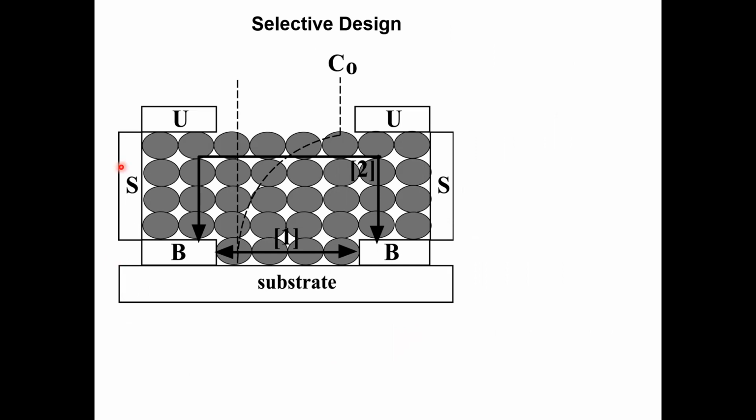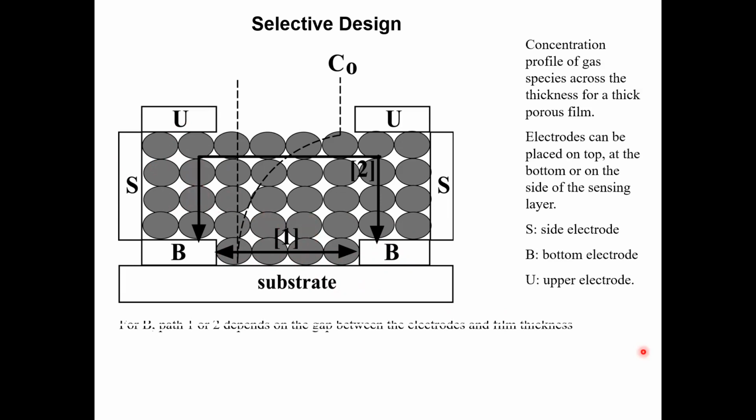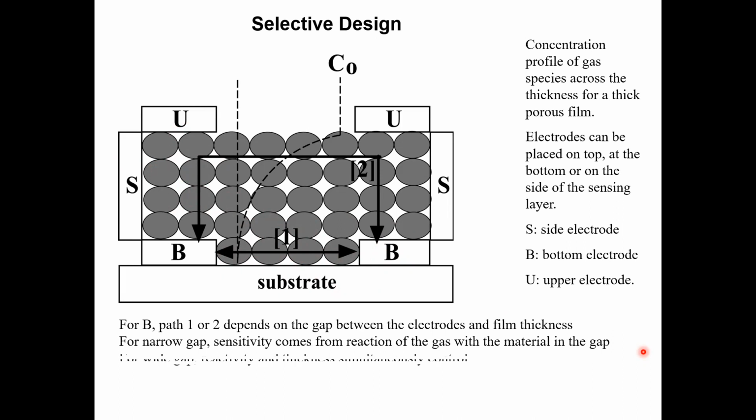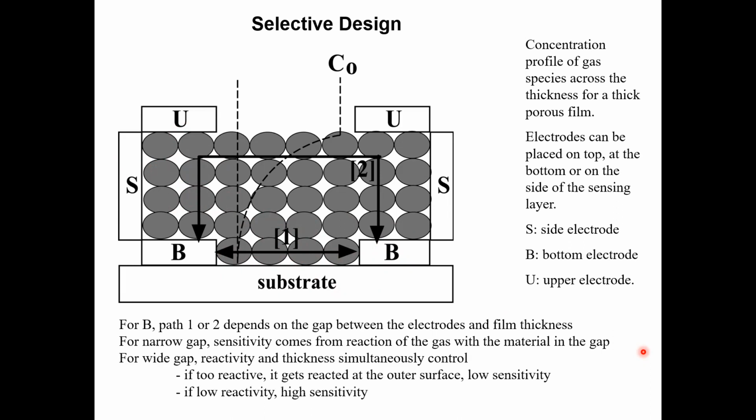So you can actually modulate or control the gap between electrodes by controlling the distance between the interdigitated gold fingers on the substrate. You can control the gap distance as well as the thickness of the layer. And by controlling those, you can actually design a selective sensor, particularly if you have a mixture of very highly reactive gases versus slowly reactive gases.